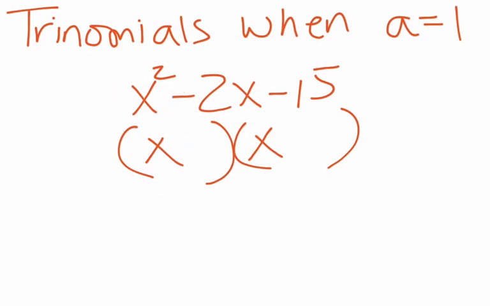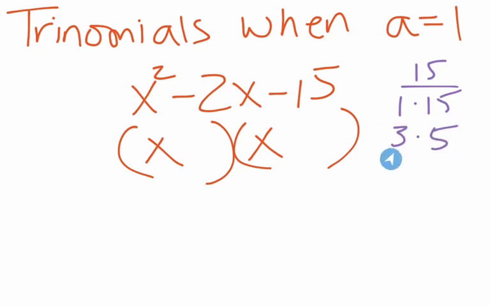And then you have to train yourself to ask the question, what are 2 numbers that multiply to give me negative 15 and add up to give me negative 2? So you might do some scratch work off to the side. And you say numbers that multiply to 15 would be 1 times 15, not 2 times anything. And then we have 3 times 5.